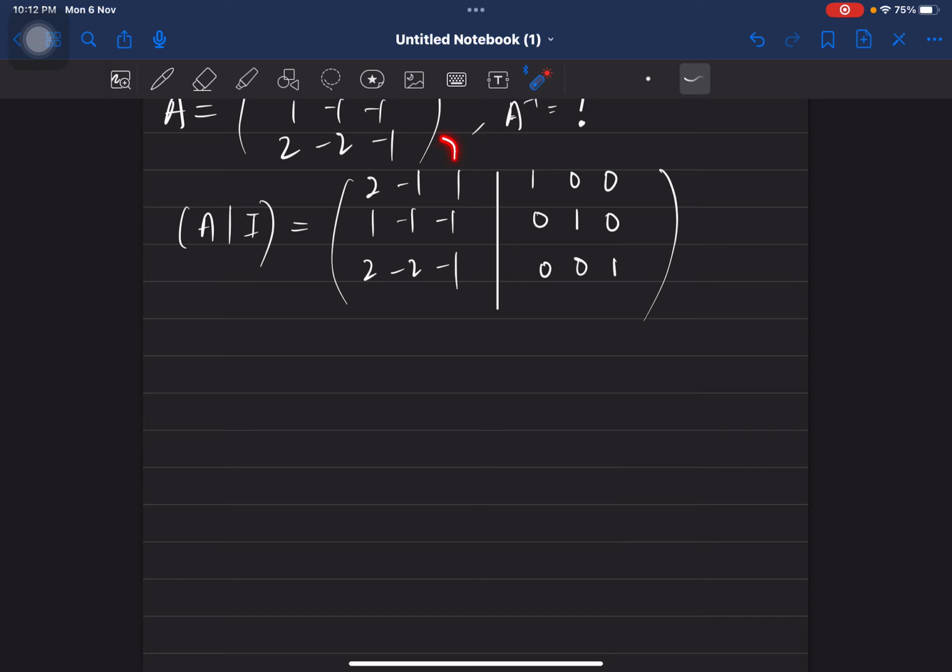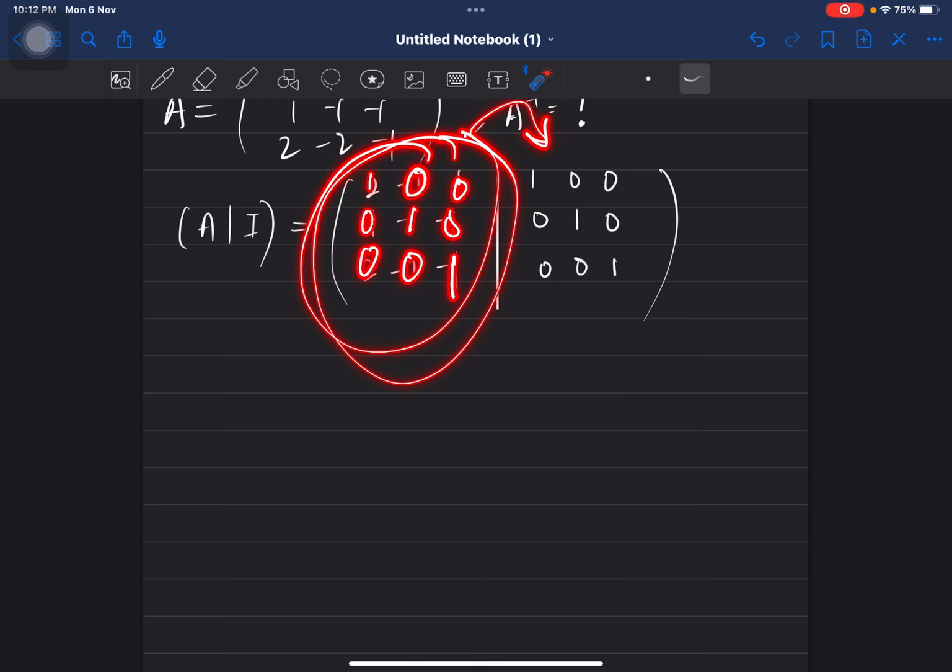Okay, so we always focus on here. Create the 1 0 0. Second step, create 1 0. Third step, create 1. Fourth step, 0 0. And the last one here becomes 0. Then the moment it becomes like this, this will be our A inverse. So this is our goal.